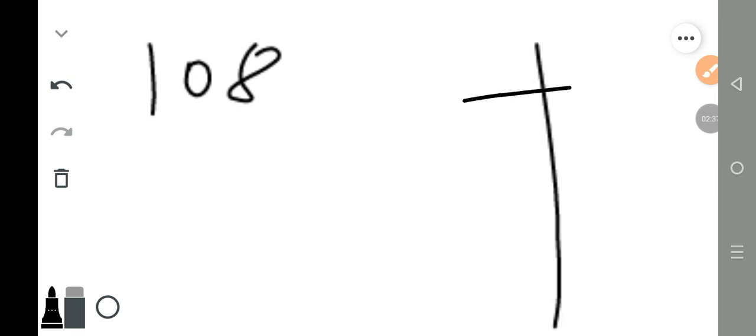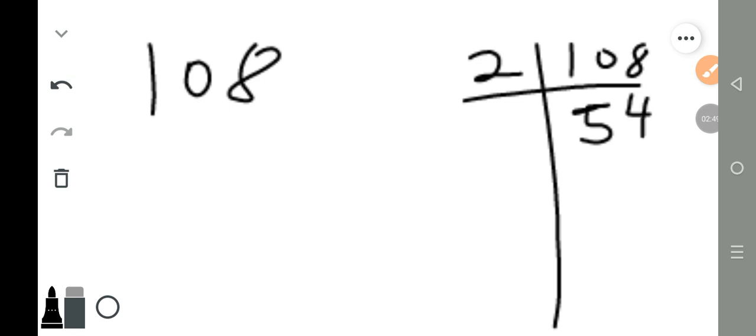Let me do another example. So another example we have over here is 108. So to find the prime factor of 108, the smallest prime number that can divide 108 is 2. 108 divided by 2 is 54.